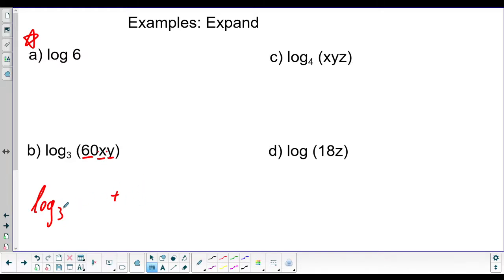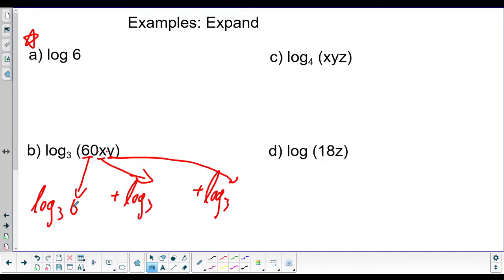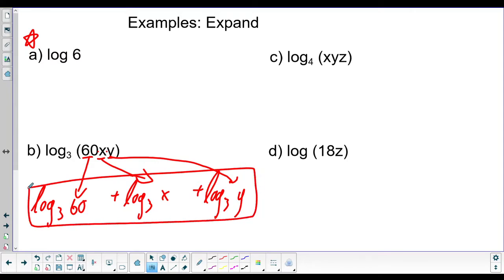So log base 3 plus log base 3 plus one more log base 3. And then each piece of this term gets its own logarithm. So we put the 60 there, we put the x here, we put the y here, and this is our expanded logarithm.